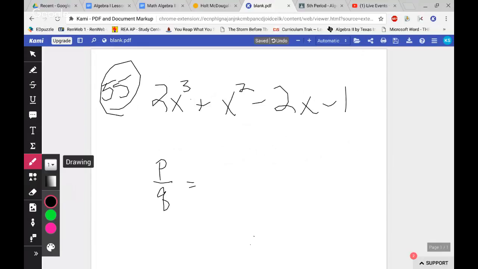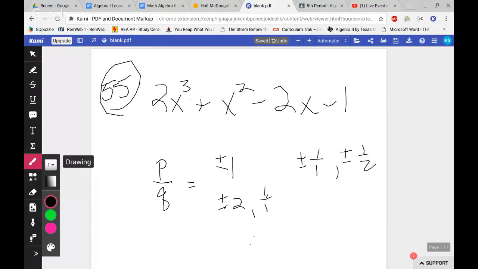P over Q in this case, all of my factors for -1 are going to be plus and minus 1, and all my factors for 2 are going to be plus and minus 2 and plus and minus 1. So I'm going to have plus or minus 1, plus or minus 1/2. Those are all my possible zeros for number 55.